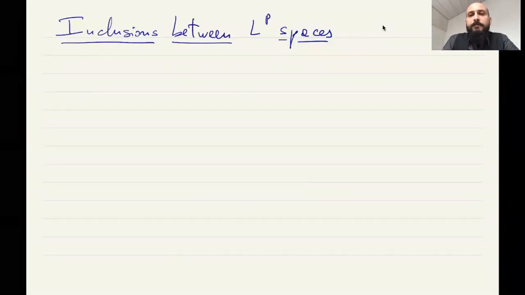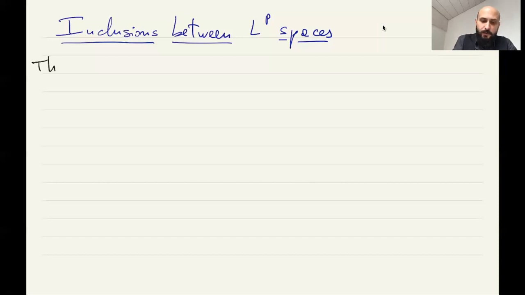So fixed a measure space, we have been considering these LP spaces when P is this exponent that varies between 1 and infinity, including infinity. And these families, in general, are not related to each other, but we could say something, for example, when the measure is finite, or when we consider more than one exponent, in the following way.